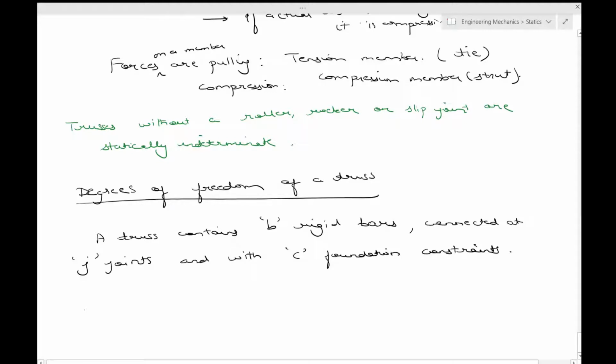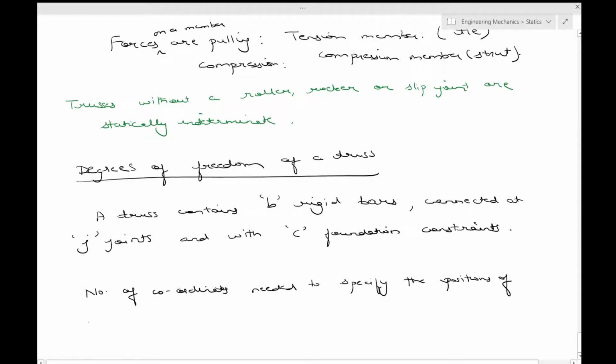So the number of coordinates needed to specify the positions of J joints is 3J, and it will be 2J for a plane truss.